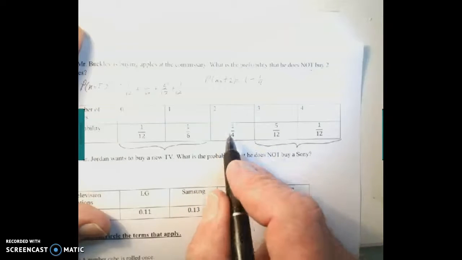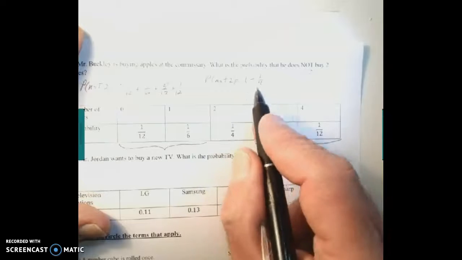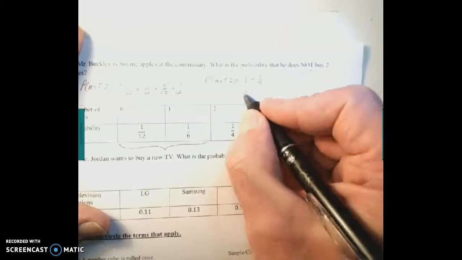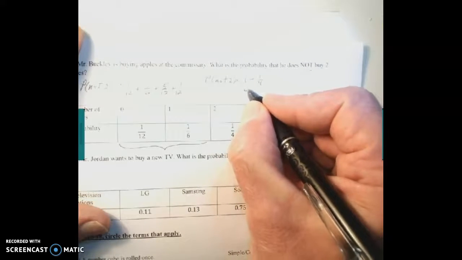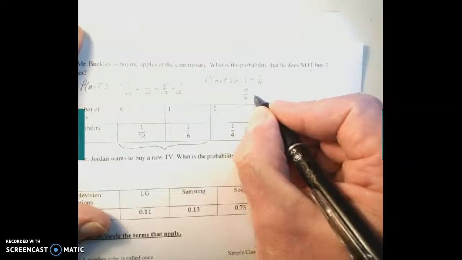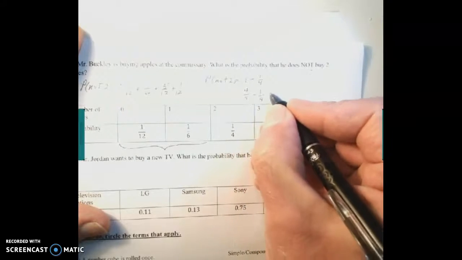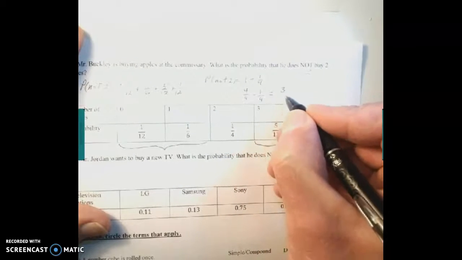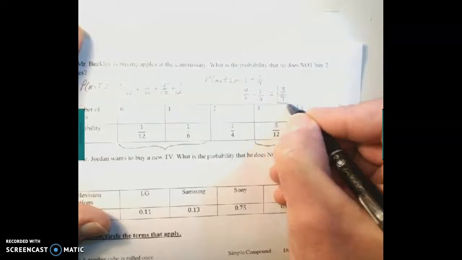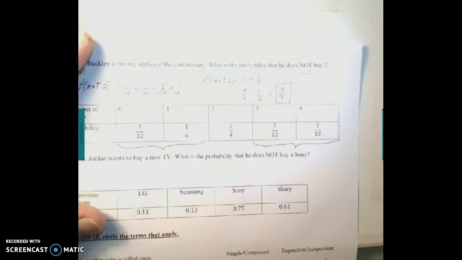Him buying 2. This is the only bad answer. Subtract that from 1, which, yeah, you would still need to get a common denominator. That's 4/4 minus 1/4. That is 3/4, and that is our answer.